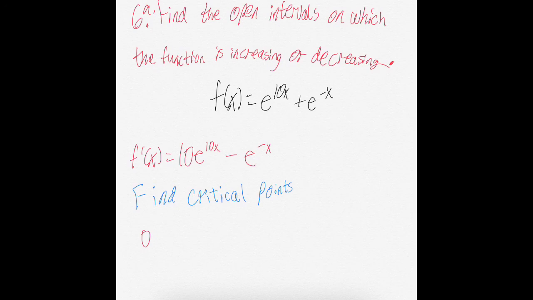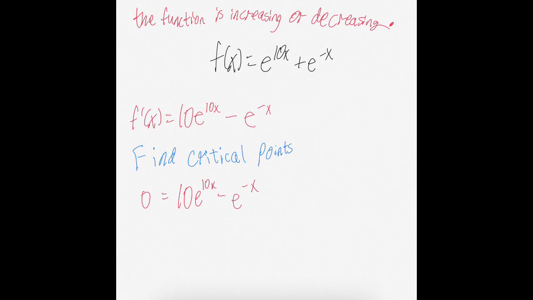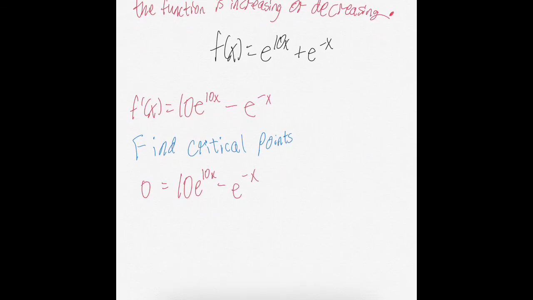So again, just as we've done before, we want to find where f prime of x is 0 or undefined. Well, it is clearly defined everywhere. There's nothing that I can plug in for x that will break mathematics. So instead, let's just go ahead and set 0 equal to that derivative and solve.